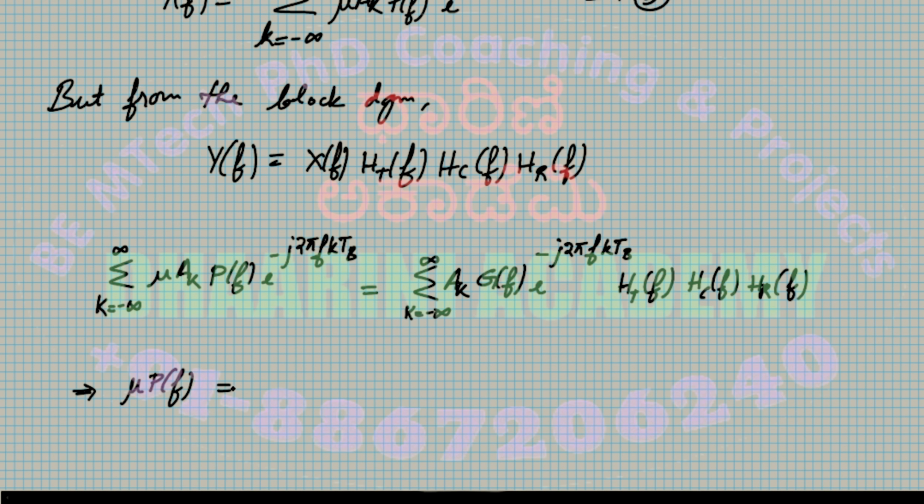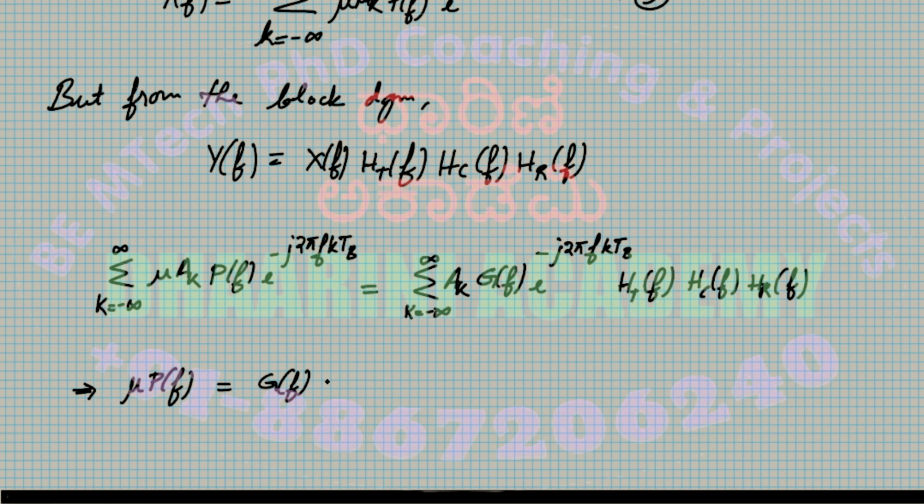So this is equal to, on the right side, I am going to retain the G of f, that is Ht of f, Hc of f into Hr of f. So let me call this equation number 6.